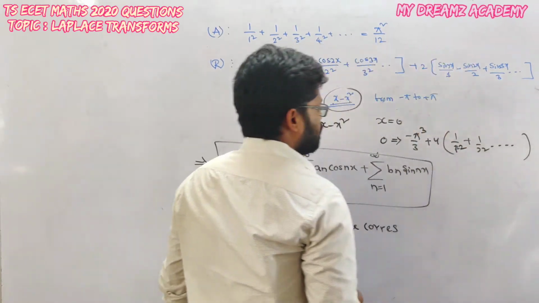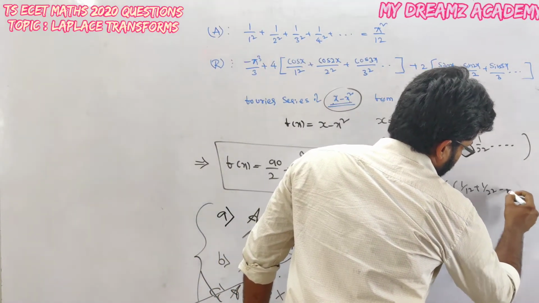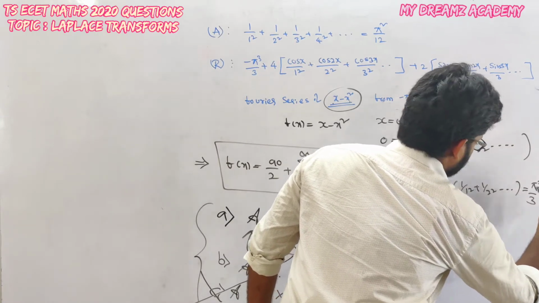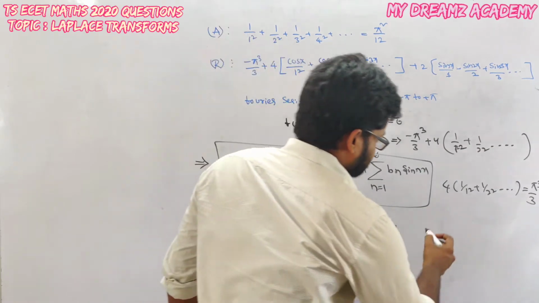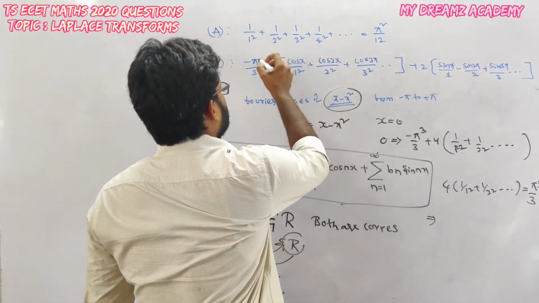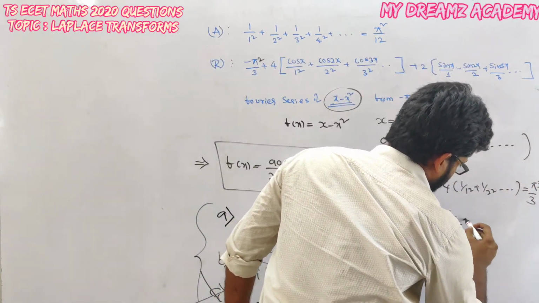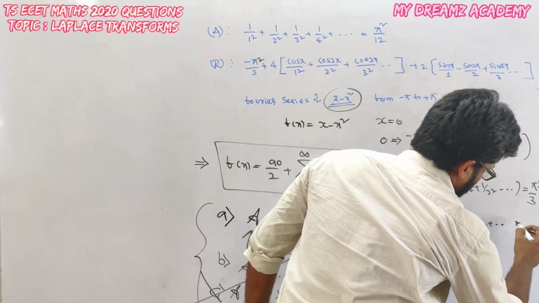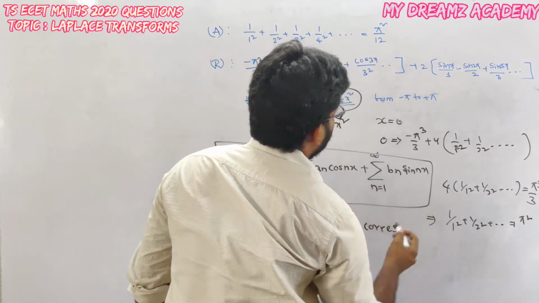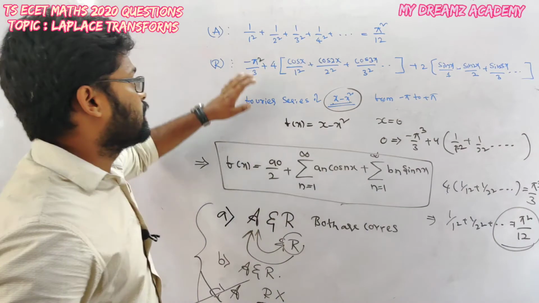Now 4 into (1/1² + 1/2² and so on) will give π³/3. Now this is π², it will give π²/3. So 1/1² + 1/2² and so on gives π²/3 into 4 divided by 12. Yes, the assertion is also correct.